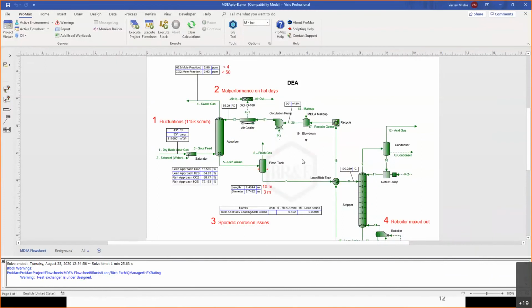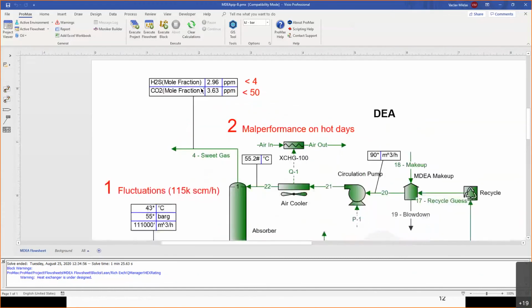So this time we're going to start from the hot day case while the other one is still solving. And as you can see, even if the temperature is 35 degrees Celsius and we have quite high temperature of our lean amine, we're still able to meet specification.